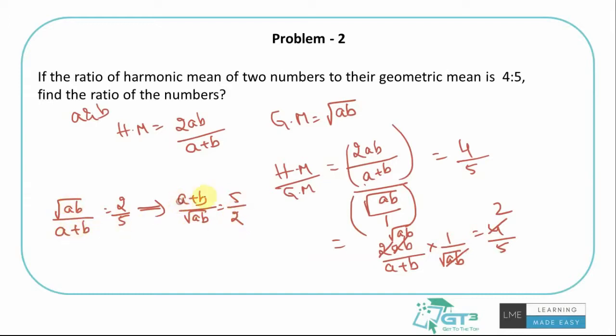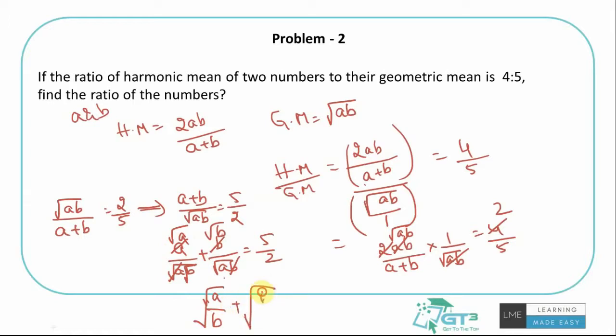So A plus B by square root AB can be written as A by square root AB plus B by square root AB. A by square root AB is, I cut square root A, I'll get square root A here, and I'll still have square root B. Square root B gets cancelled out, I'll get square root B in the numerator and square root A. So this will translate to square root of A by B plus square root of B by A equals 5 by 2.